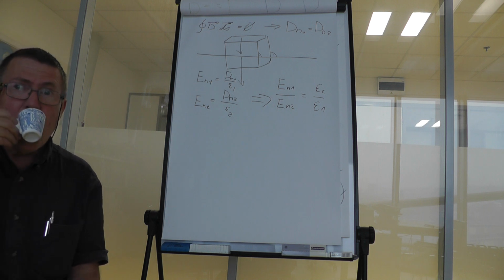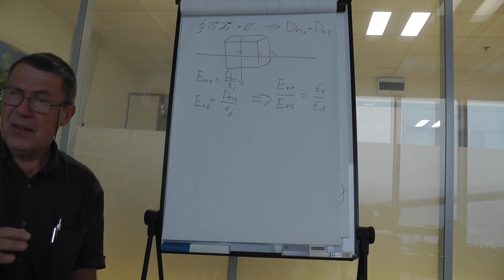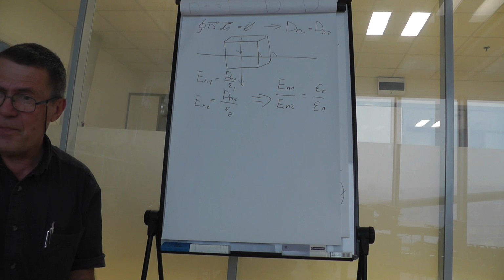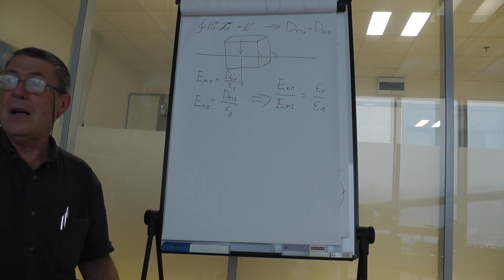But anyway, you must have witnessed cases that create charge density on the surface of a dielectric. You must have witnessed it many, many times in your life. How does that happen?